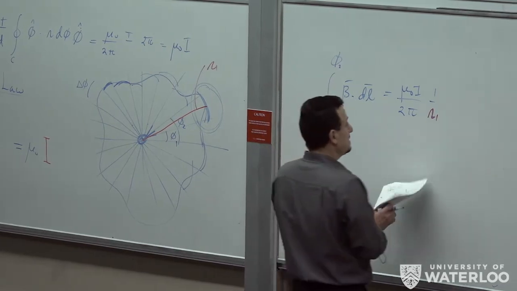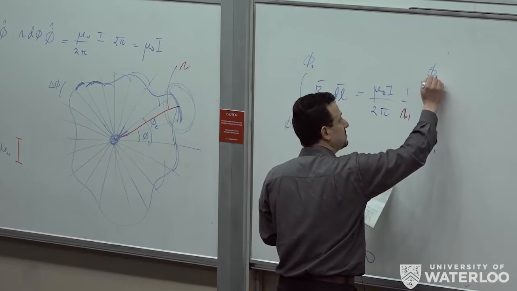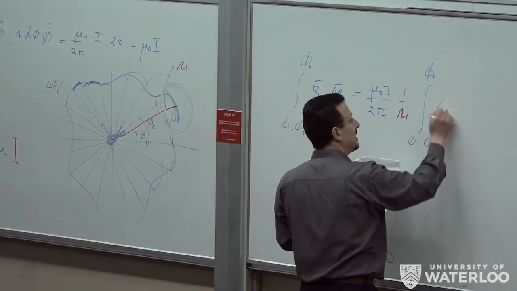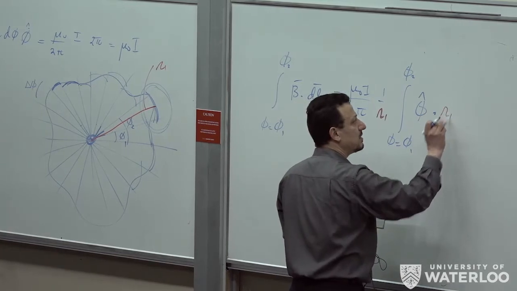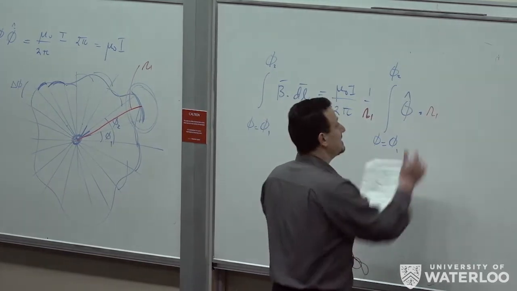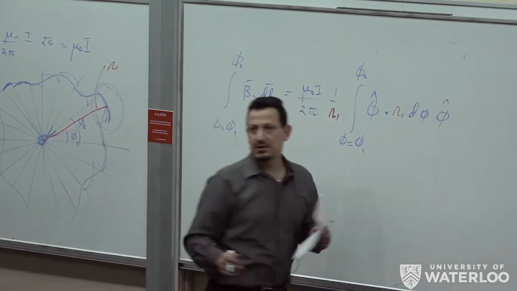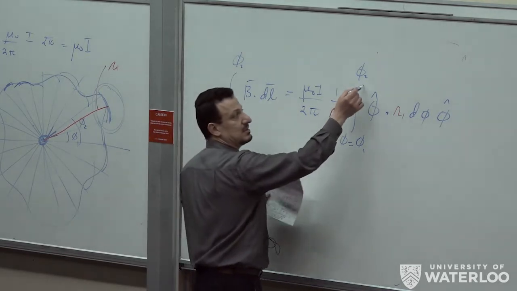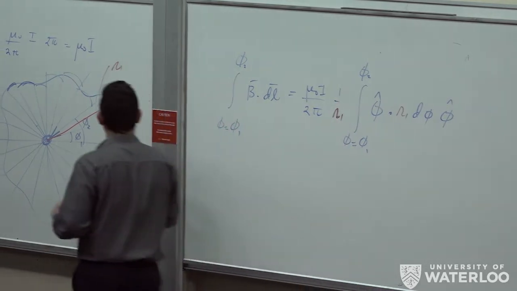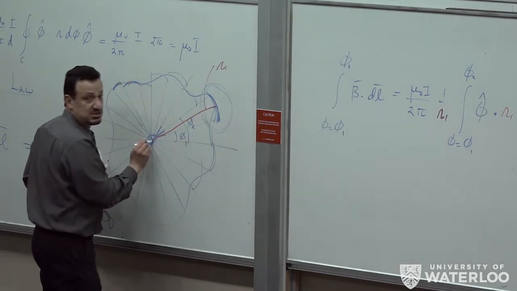Okay? So now I integrate from phi equals phi 1 to phi 2, phi hat dotted with R1 d phi phi hat. Okay? Well, I'm integrating over an arc with a constant r.